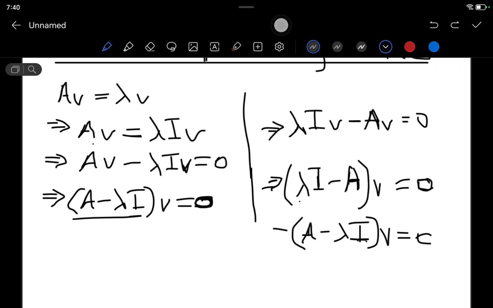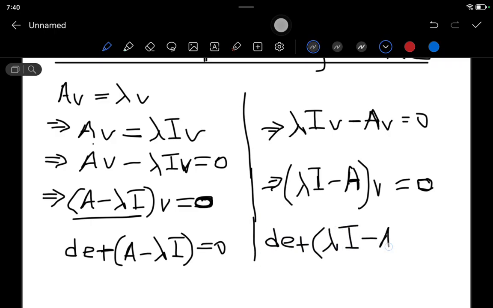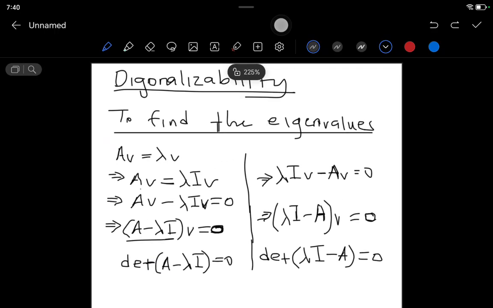So wherever you'll be practicing this and you find that they're using either of these two formulas, the first formula, the determinant of A minus lambda I equals 0, will still give you the same solution as the determinant of lambda I minus A equals 0. It doesn't matter which one you use, but ourselves, we're going to use this one because it's much simpler.